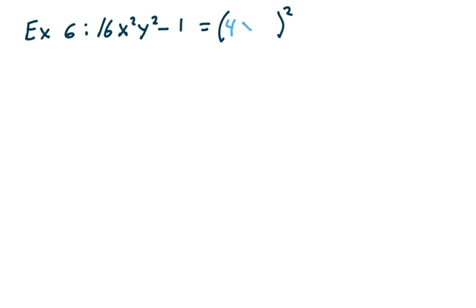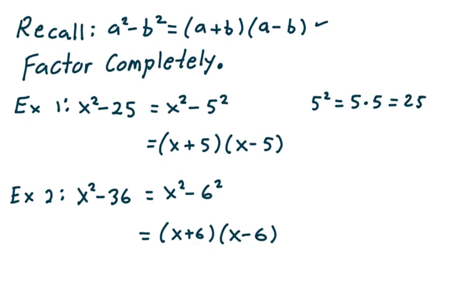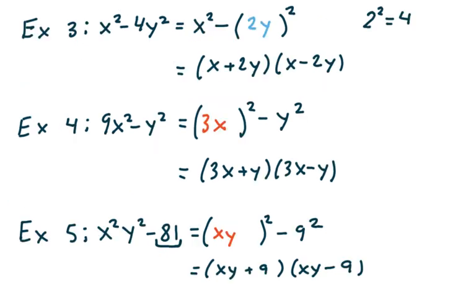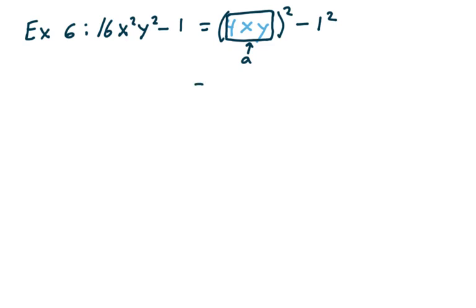So I'm going to get 4xy inside parentheses. I'm going to go minus 1 squared. So you can see this 4xy taking the place of a in that original formula over here, right? So notice, again, a squared minus b squared is a plus b times a minus b. And so if I go to factor, I get 4xy plus 1 times 4xy minus 1.